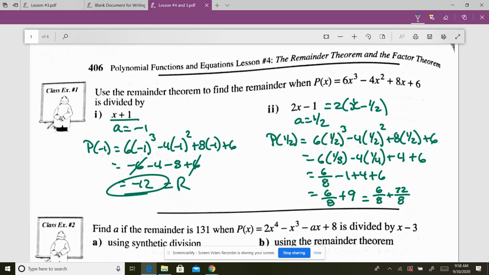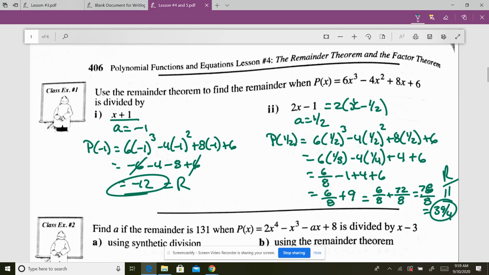So 9 is the same as 72 over 8. Then you can add the tops. 78 over 8, which reduces to 39 over 4. Don't worry, I won't ask you that on a test, okay? I just wanted to do that because it's fun. So that is your remainder, 39 over 4.